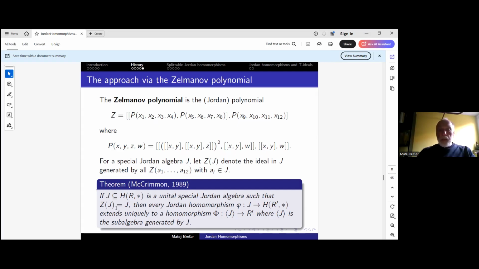And here is McCrimmon's result: if you have a special unital Jordan algebra J contained in symmetric elements, and this Z of J, which McCrimmon calls the Zelmanov ideal, is equal to J, then Jordan homomorphisms, as usual, can be extended to homomorphisms.